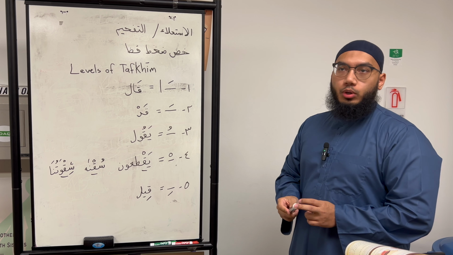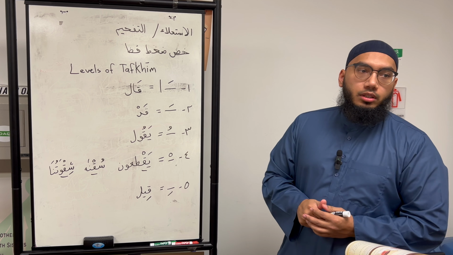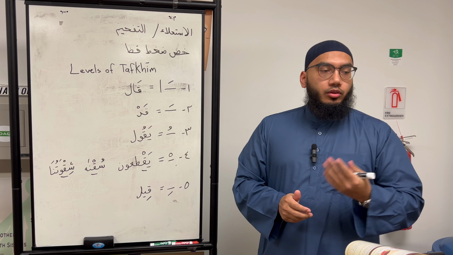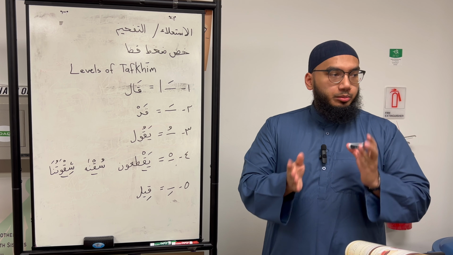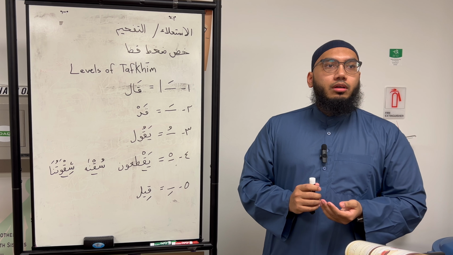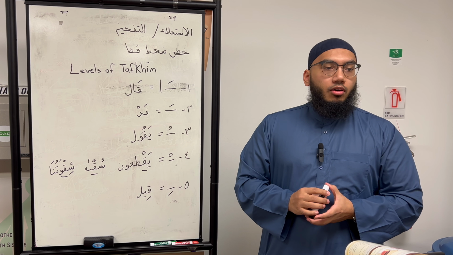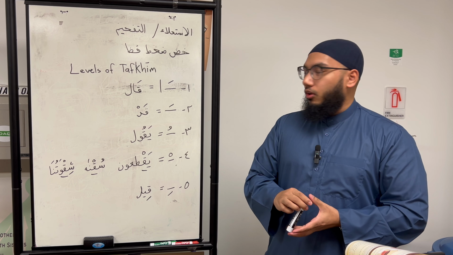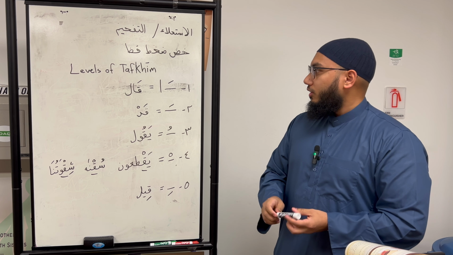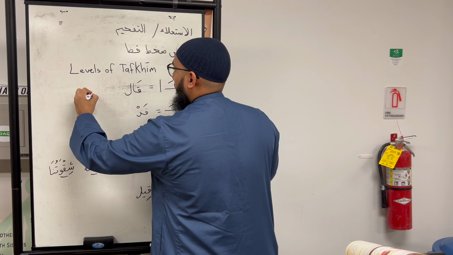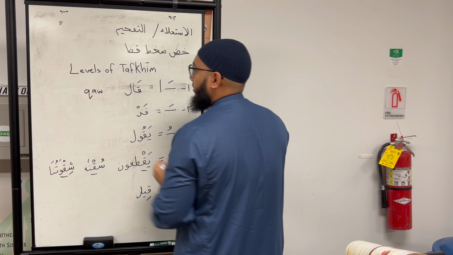If your lips form a wow sound, that means you're turning into a dhamma. If you're saying qula, that's a dhamma. It's like a mix between dhamma and fatha. The lips should stay the same. Qa, qa, qa. People hear us, they'll think we're practicing being crows. Qa, qa, right? So in English, you'd write it like this.